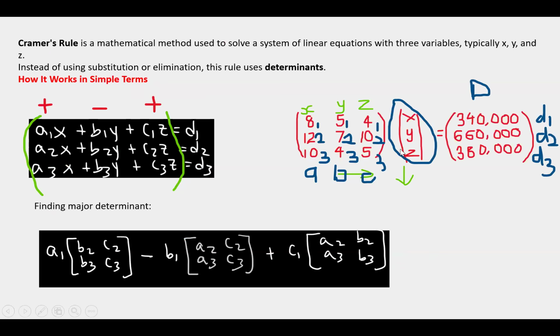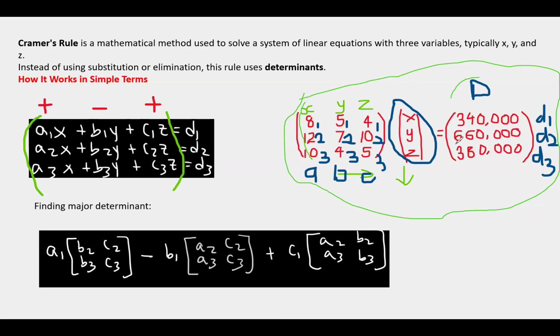Okay, so remember we had this. Here we can see these are our x values under one column. These are our y values under one column, and these are our z values under one column. So now, in the event that we're finding x, which we are, we're going to replace the d.